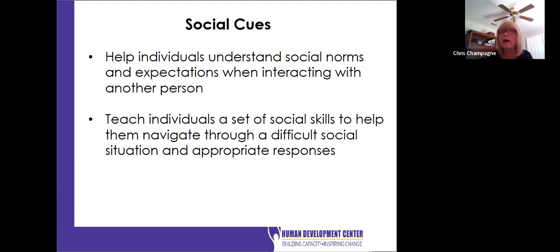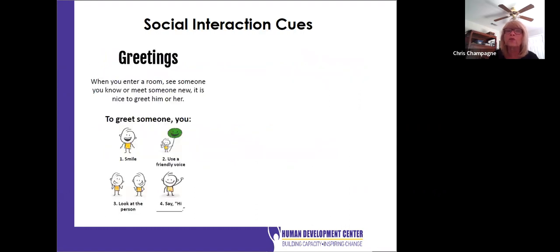Some of them who have maybe some executive functioning skill deficits will have difficulty navigating social situations. For all of us, there are certain social situations that may be more problematic and more stressful than others. And so this set of visual cues is designed to help them navigate this. They can teach them social skills and again, help them navigate difficult situations.